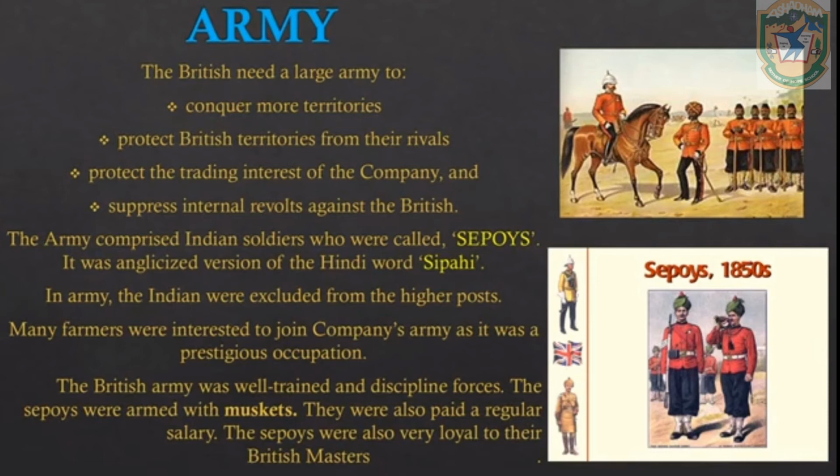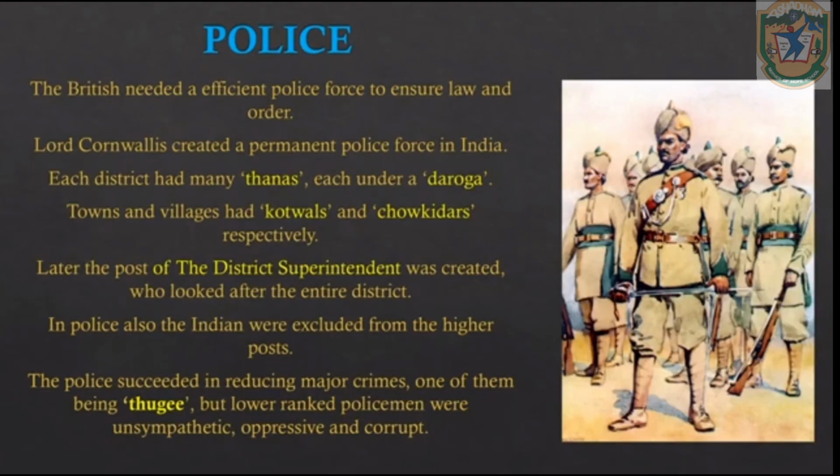Now, talking about the next important pillar of the administration, that is police. The British needed an efficient police force to ensure law and order. Lord Cornwallis created a permanent police force in India. Each district had many thanas, each under a daroga. Towns and villages had kotwals and chowkidars respectively.